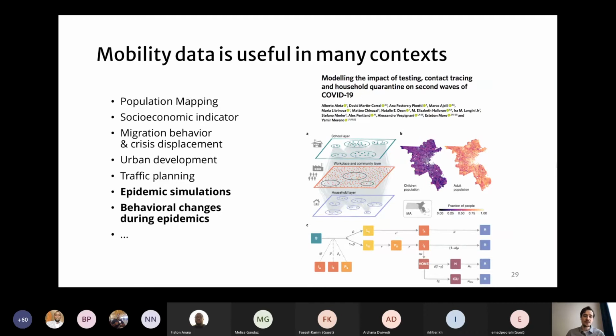And then another topic that has also come up a lot due to COVID is to look at behavioral changes or mobility changes during epidemics, which wasn't that big of a question before, but mobility data has proven to be very helpful in this context.